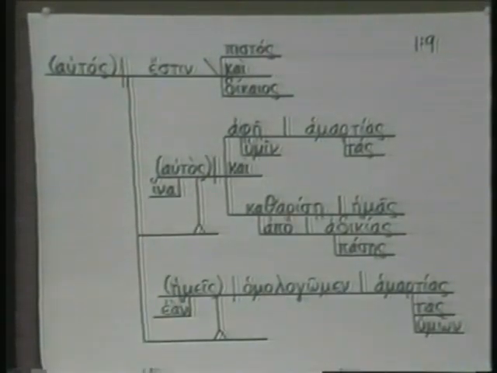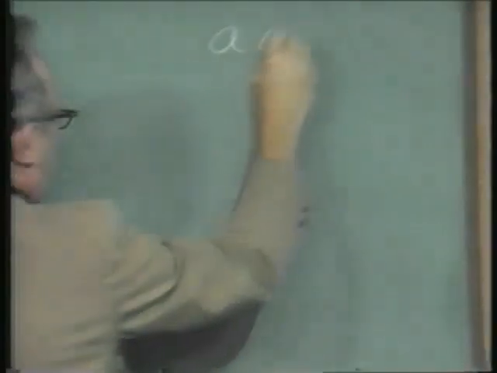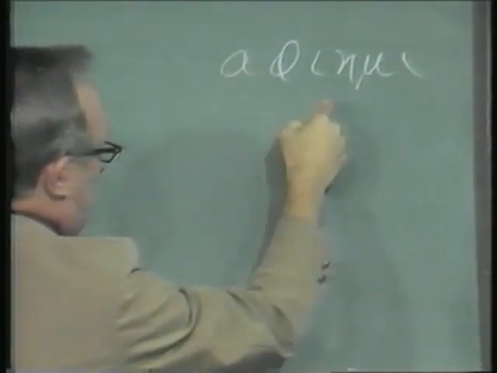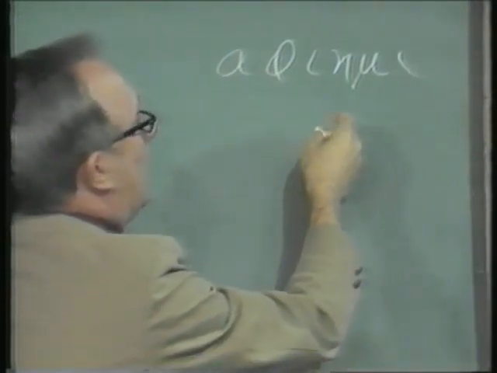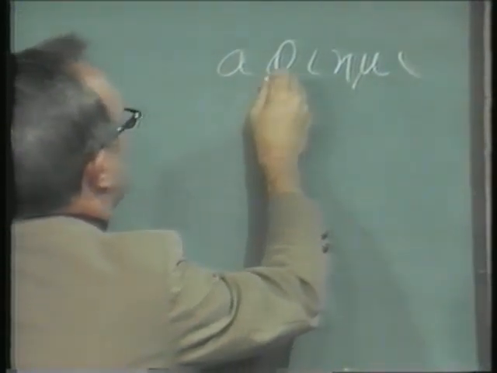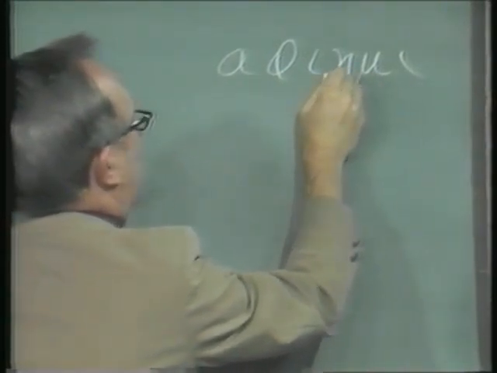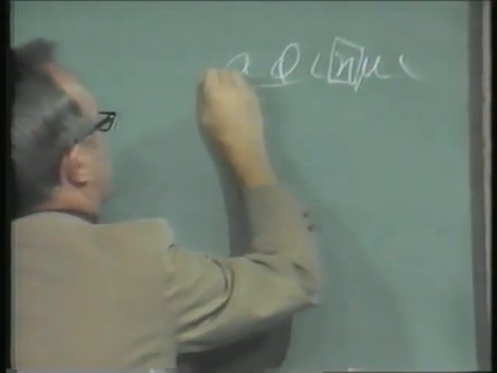This aphi here, we'll get that in another lesson. It comes from this word, aphimi. The stem is really only this part right here. That's a preposition there.